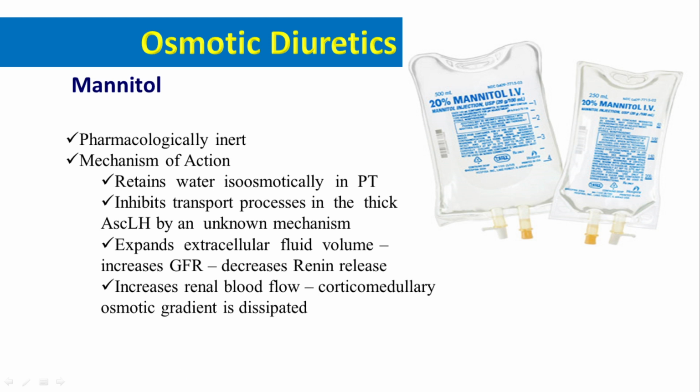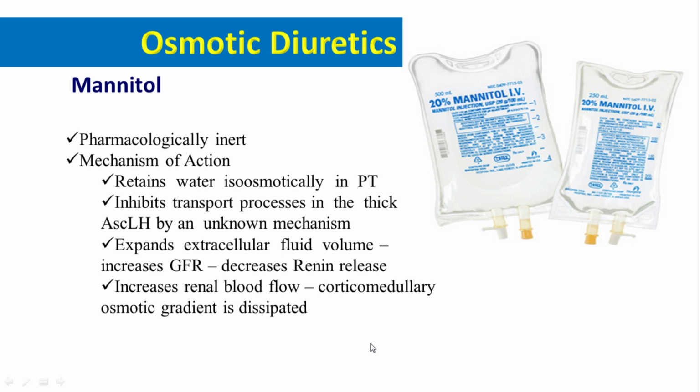Now the blood flow becomes so much that whatever we have discussed about the countercurrent mechanism, how the cortex is more dilute, the medulla is more concentrated because of the sodium potassium 2 chloride pump, that salt concentration variation, the corticomedullary gradient is gone. The salt is literally washed off. So the corticomedullary osmotic gradient disappears or gets dissipated because of this.